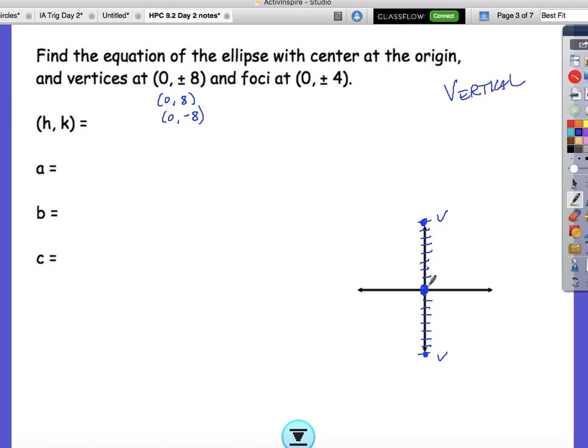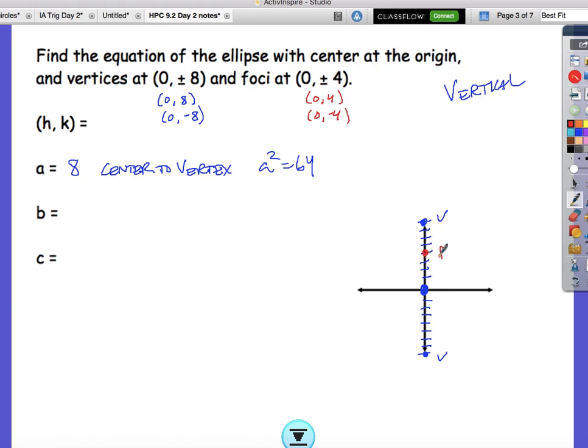And the distance from the center to the vertex, that's the value of A, so that would be 8. So if A is 8, then that means that A squared is 64. The other piece of information we're given are the foci. They're at 0, plus and minus 4, so 0, 4, and 0, negative 4.